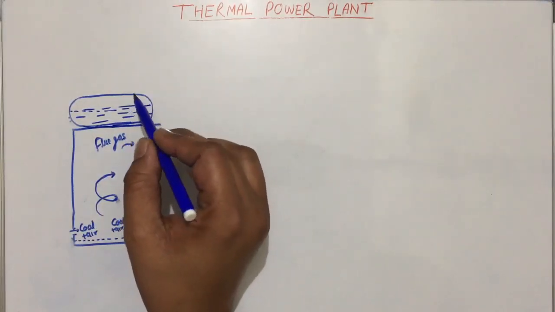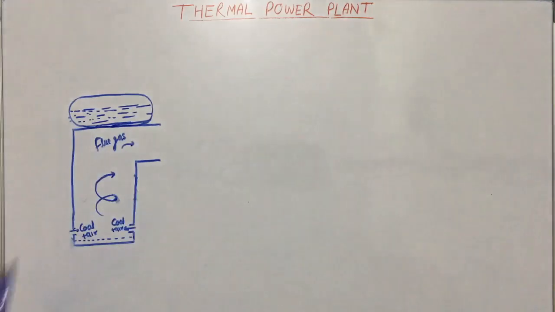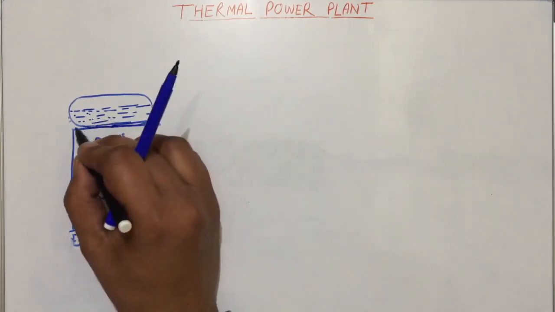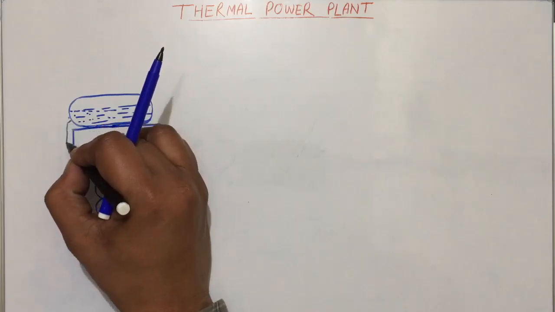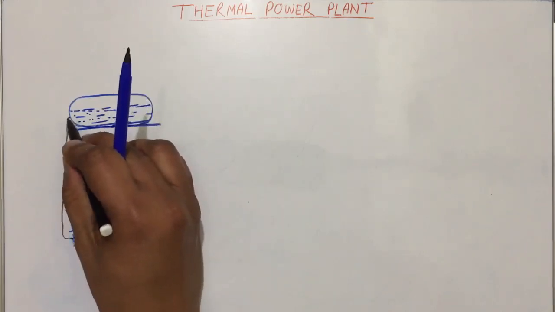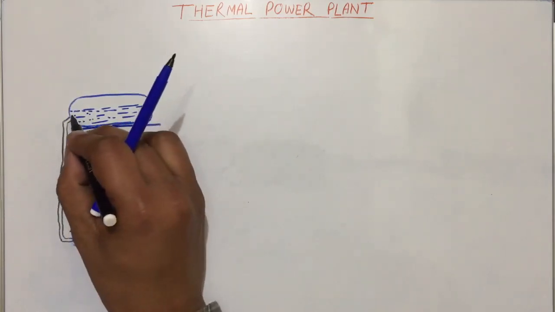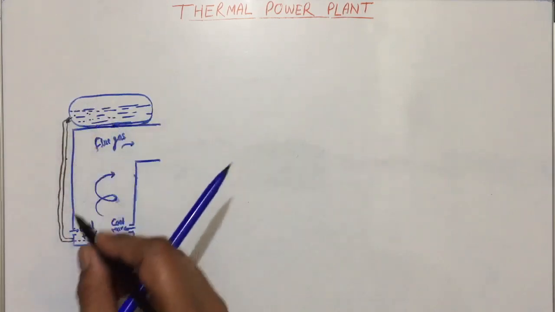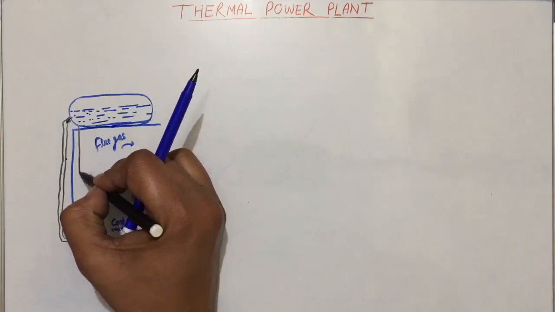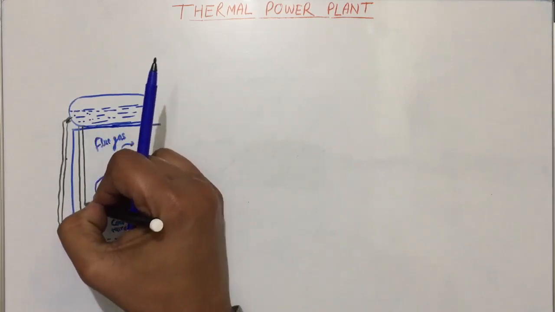There is a boiler drum, and in the boiler drum there is water, and to minimize the heat dissipation from the combustion chamber wall, the water pipe has some arrangement so that the water flows from the boiler like this, and it is placed like this.